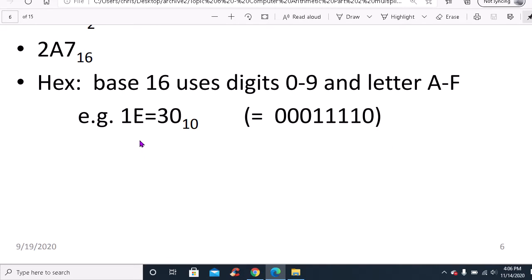So for example, the hexadecimal number 1e is actually equivalent to 30 as a decimal number.